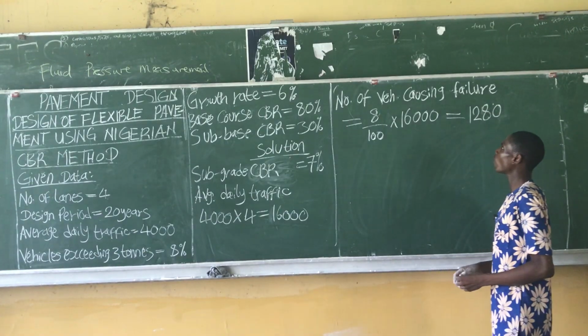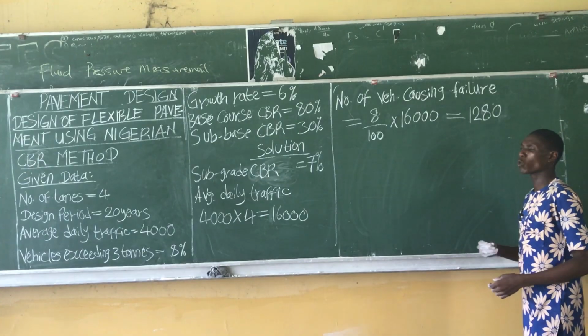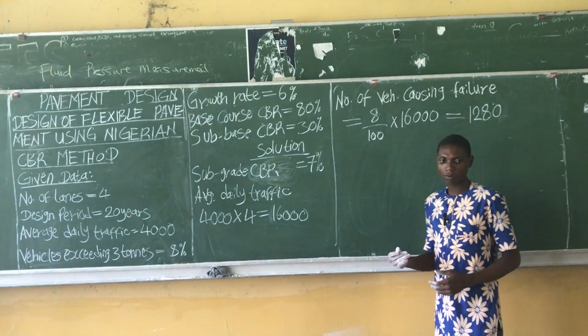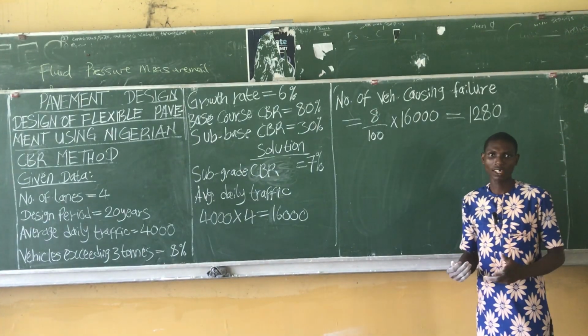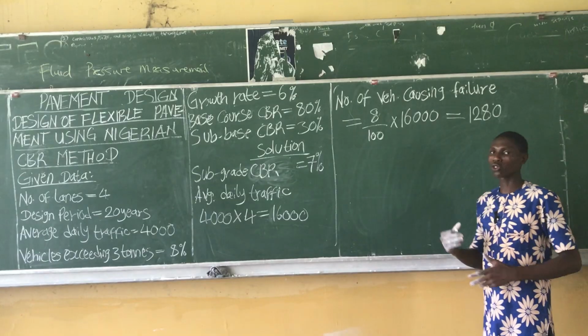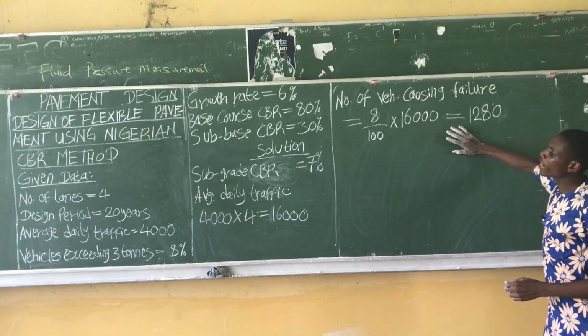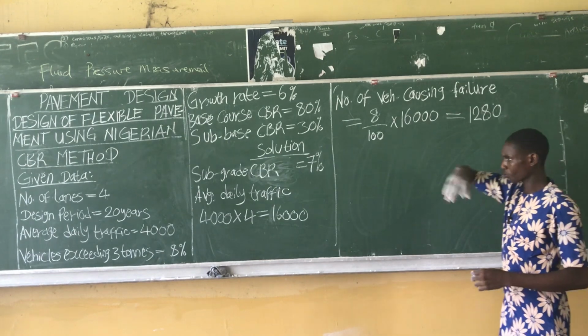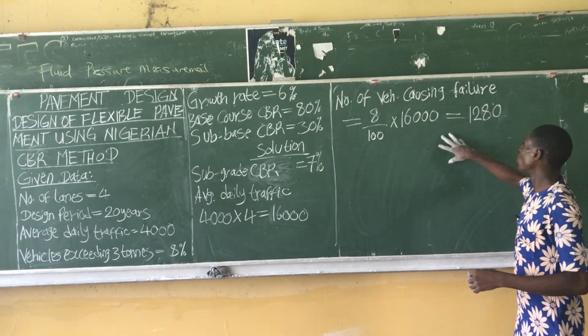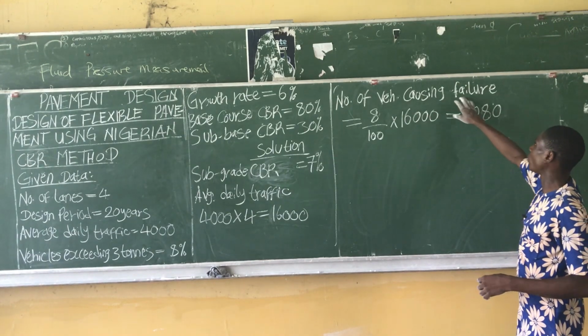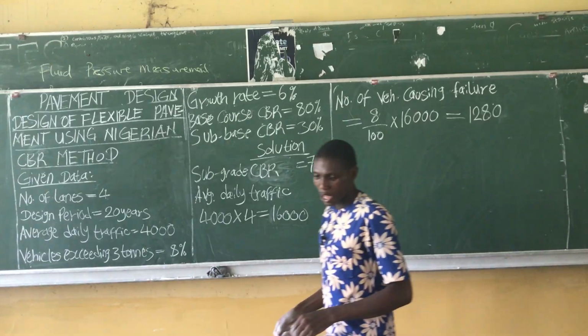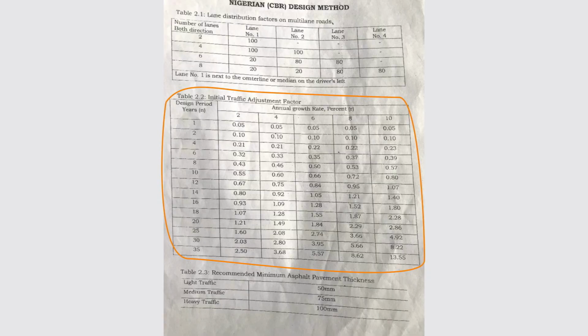Now we have known the number of vehicles causing failure, but we know that in reality, this percent is not constant. And in design, there is need for us to factor this value. So based on the given parameters of the equation, we are going to factor the value of the number of vehicles causing failure. So we head over to our table.